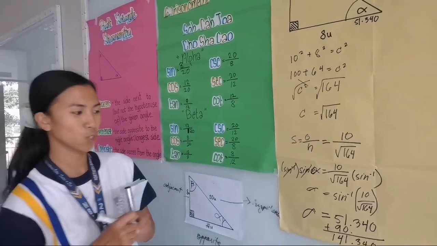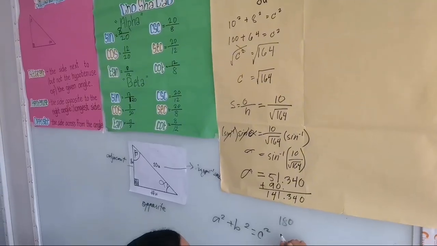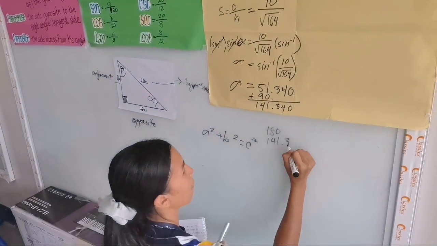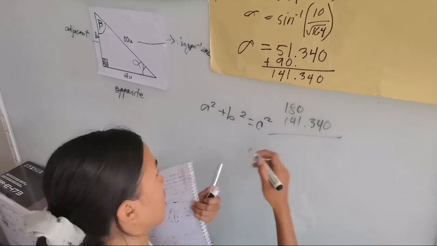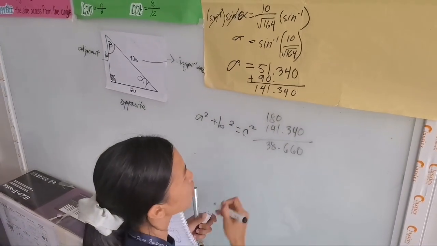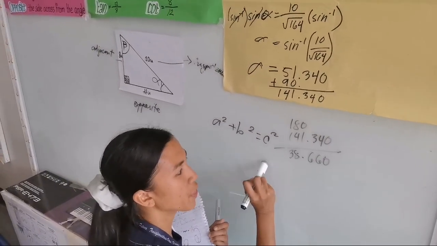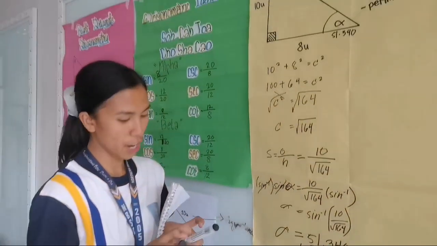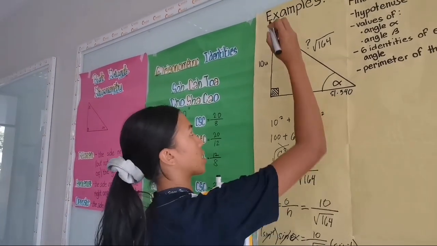We then subtract it from 180. So 180 minus 141.340 is equal to 38.660. Therefore, angle beta is 38.660.